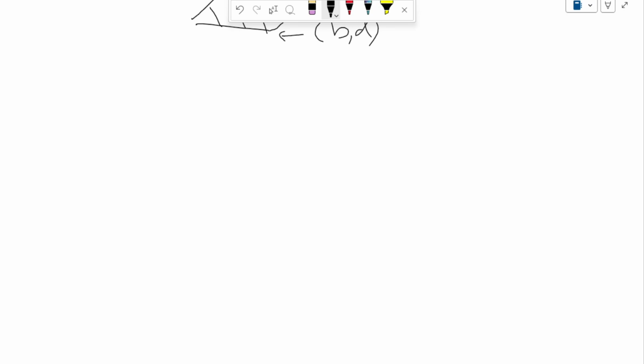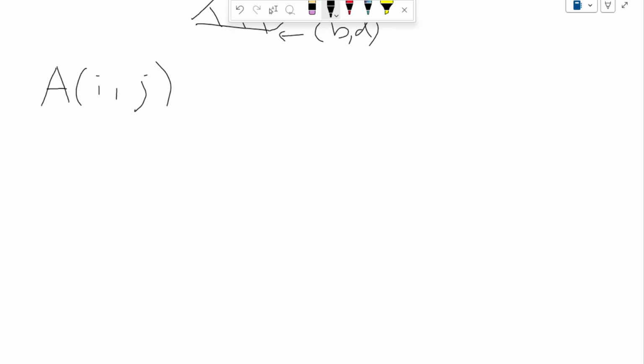So if I have a matrix A, I'm going to define A_{i,j}.